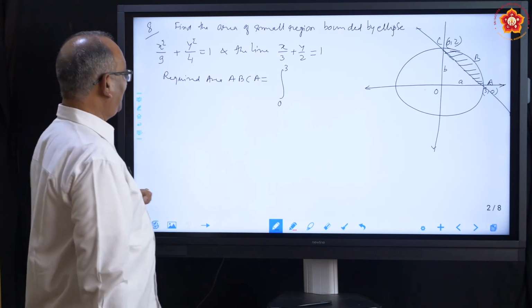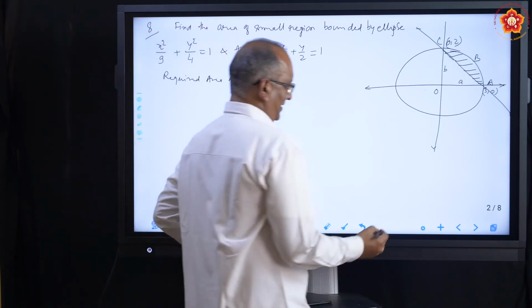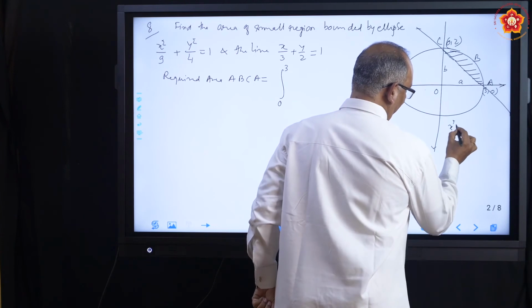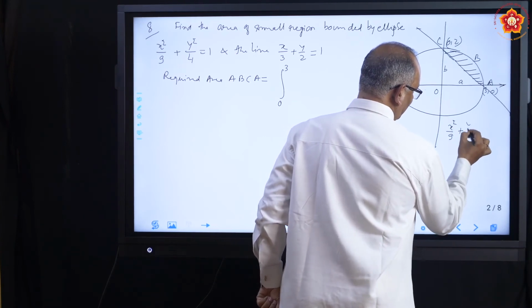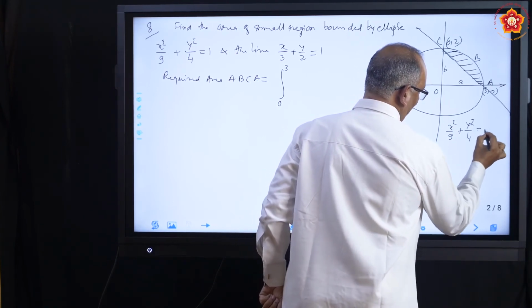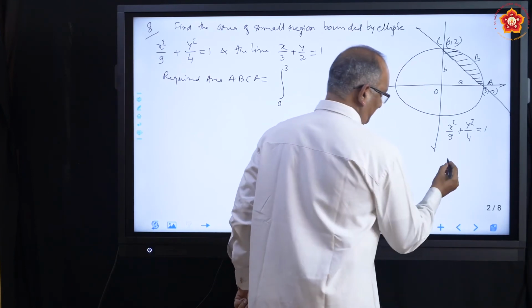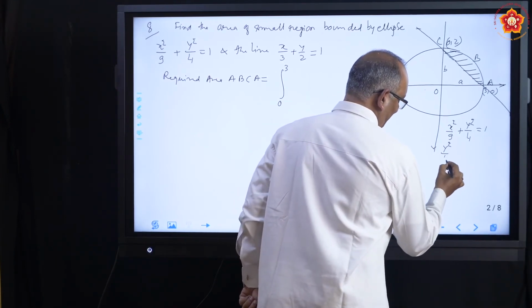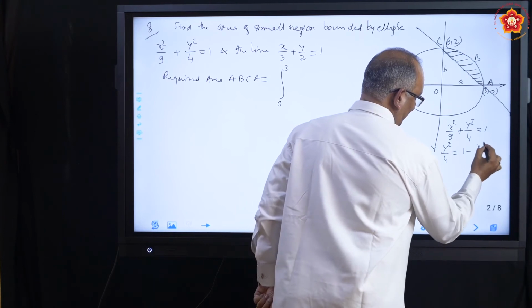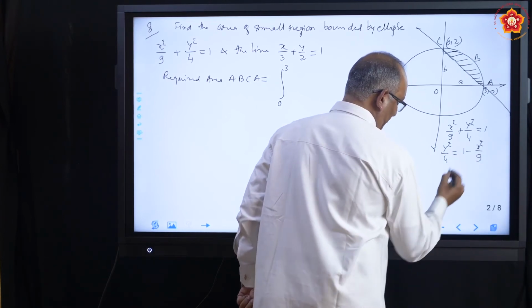What is the equation of ellipse? It is x square by 9 plus y square by 4 equal to 1. We have to get y in terms of x. So y square by 4 equal to 1 minus x square by 9. Take this 4 that side.